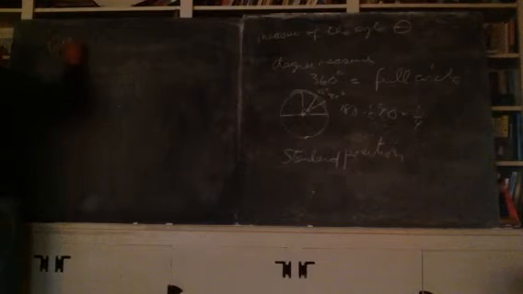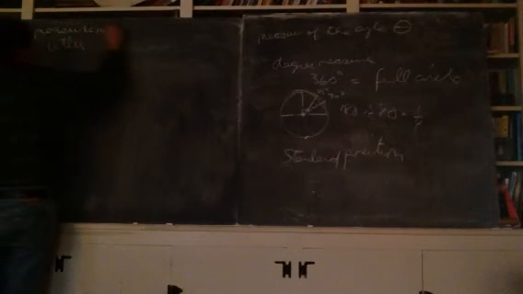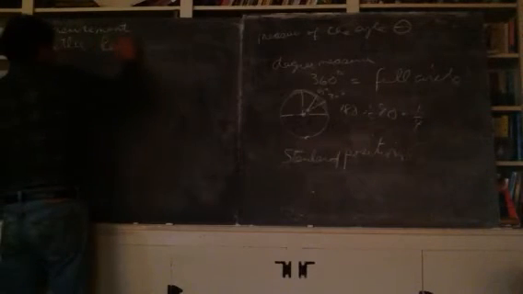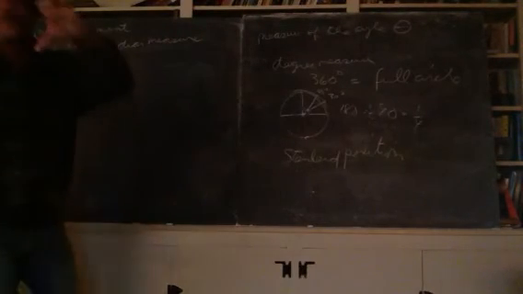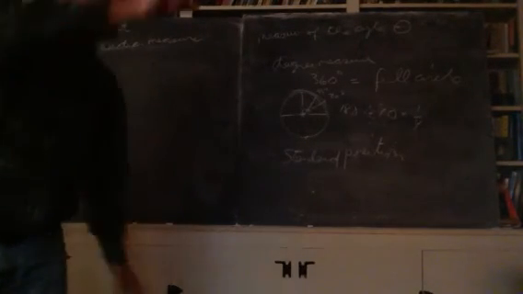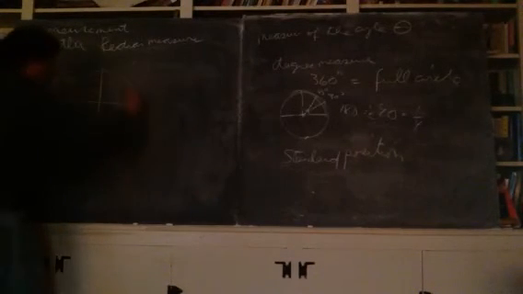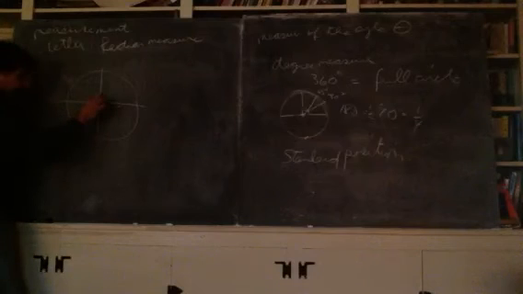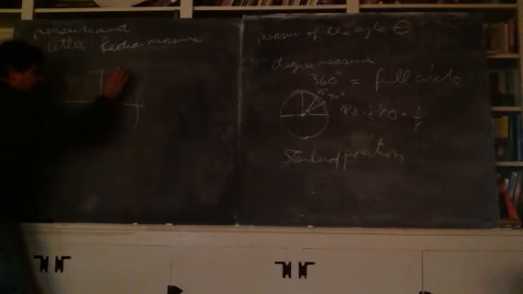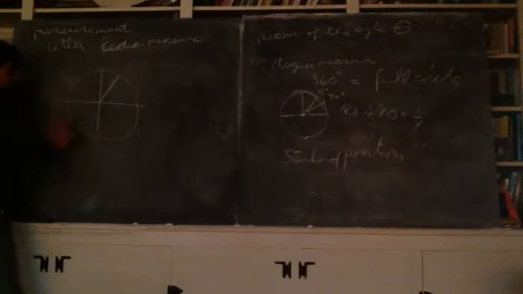Another measurement would be in radians, and this is mathematically correct. Radian measure relates the length of the radius to an arc of a circle. Here's a circle, and here's the radius of the circle, which never changes along this circle.